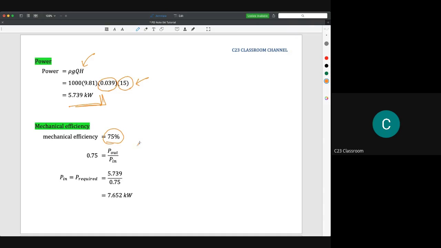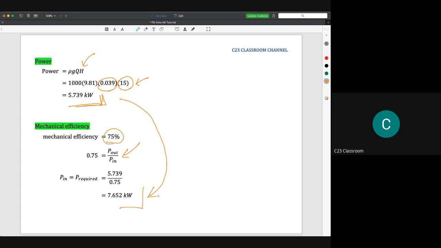So we use the idea of this equation, 0.75 equals power out divided by power in. Then we could calculate that the power required for that pump is 7.652 kilowatts. I hope you could relate this value with this value.